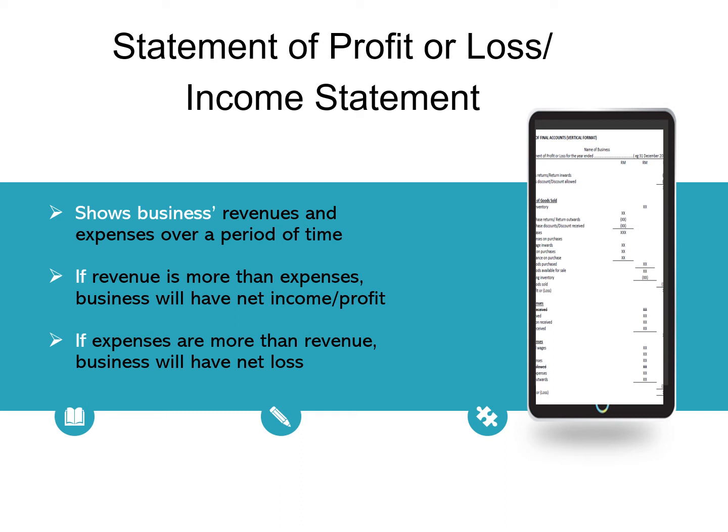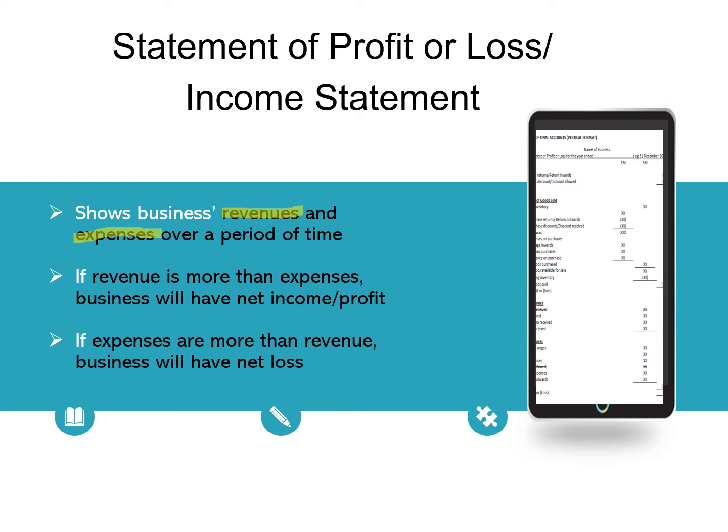Let us look further at the content of the statement of profit or loss, also known as the income statement. Basically, the purpose of preparing the statement of profit or loss is to show the financial performance of the business over a period of time. Therefore, SOPL, or statement of profit or loss, will show the revenue and expenses of the business.